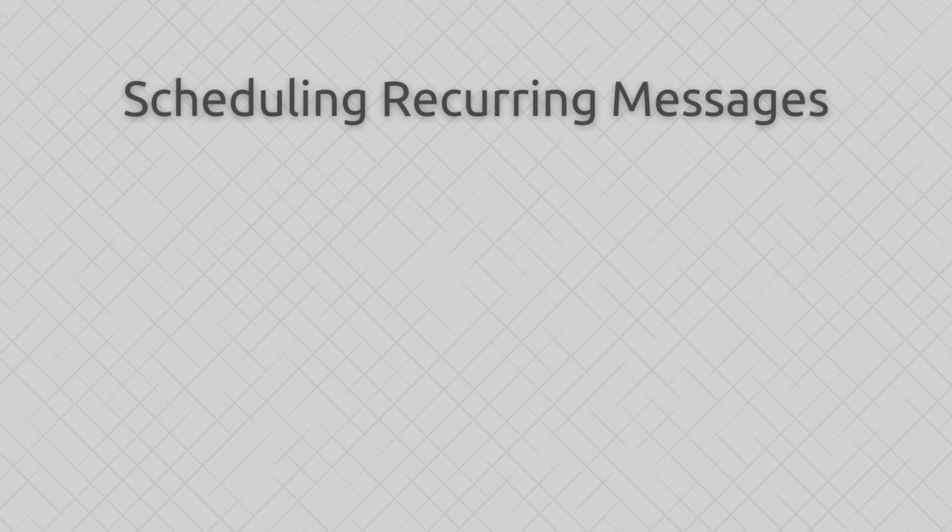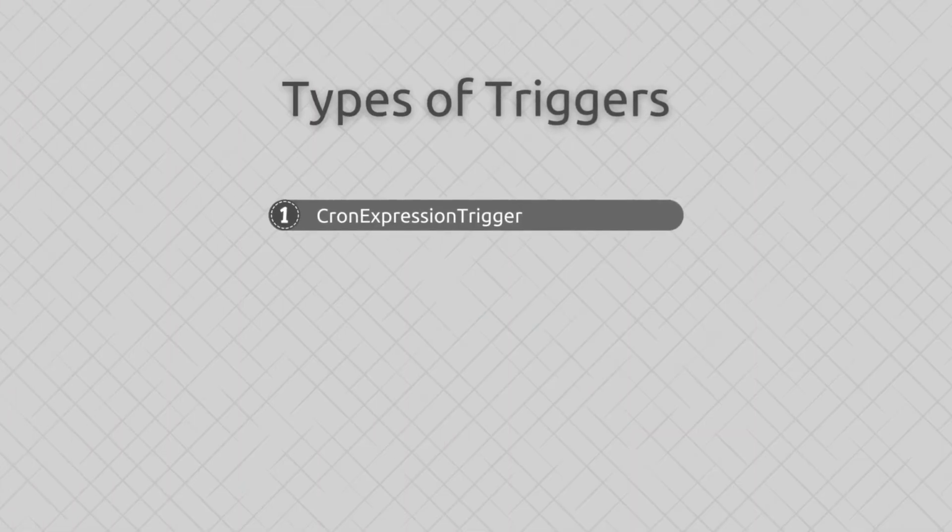Symfony provides several types of triggers, making it highly flexible for different use cases. Types of triggers. Cron expression trigger. This trigger uses the familiar cron syntax, widely known for scheduling tasks in Unix-like systems.